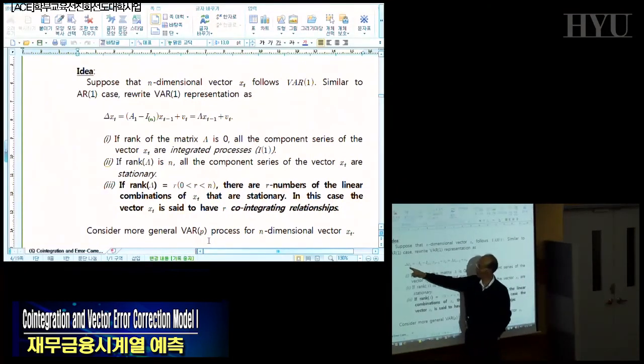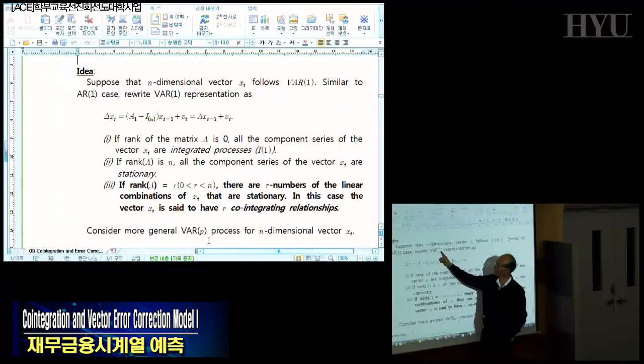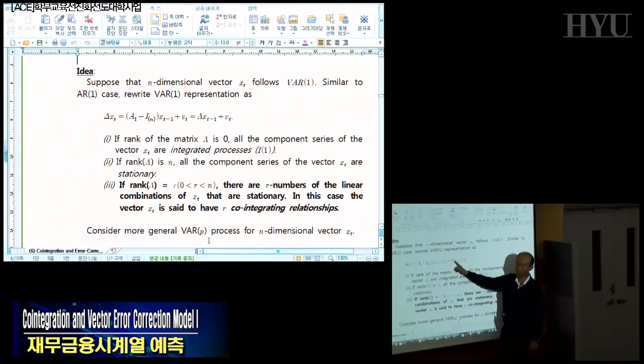So if it is vector, and if it is VAR1, and subtracting xt minus 1 on both sides, this is what you get. If you define this as capital lambda, then we need to take a look at the property of this one.